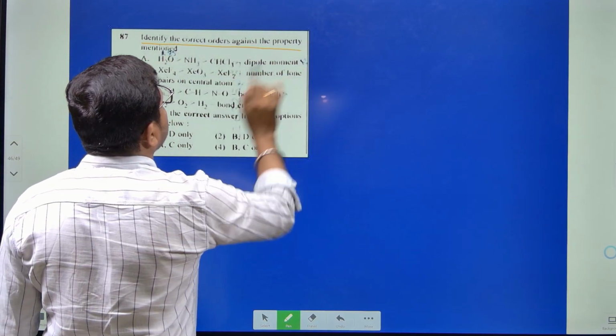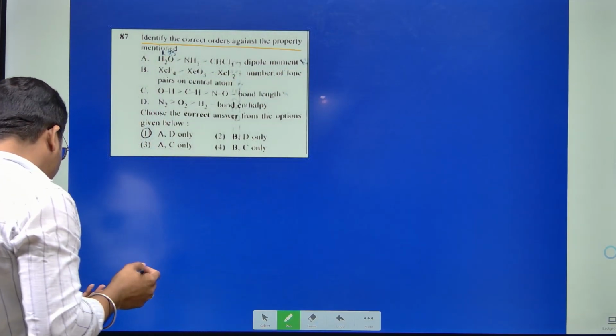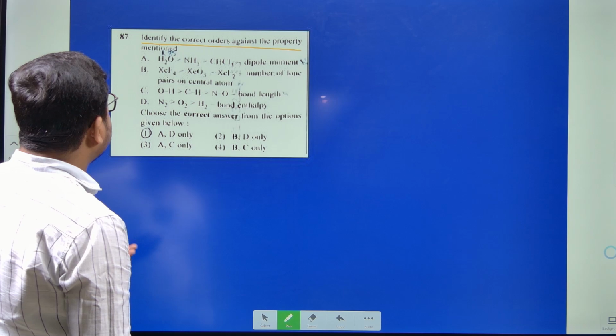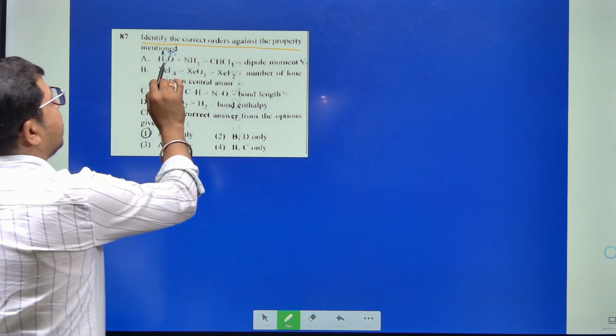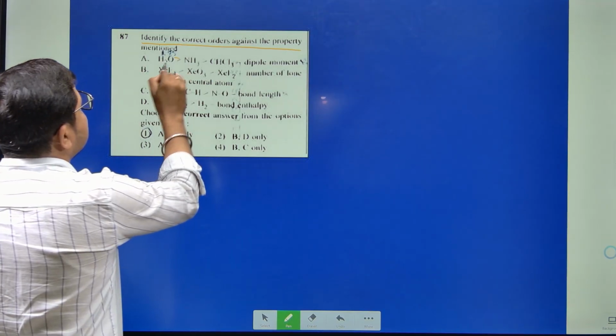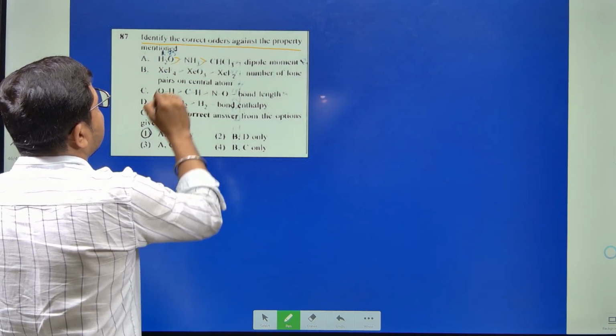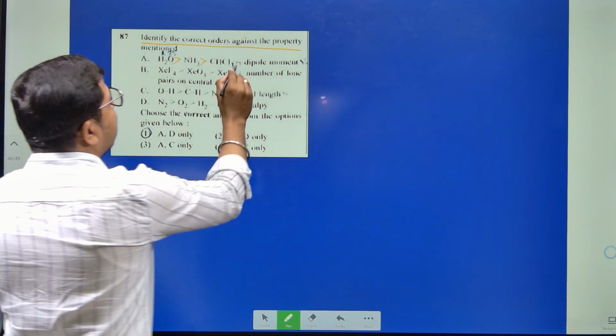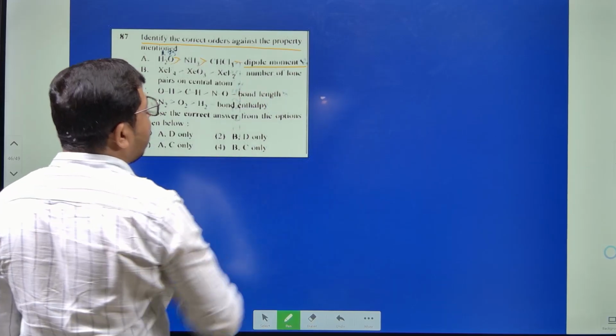Next, identify the correct orders against the property mentioned. Yes, here they have given H2O, NH3 and CHCl3. H2O is greater than NH3, which is greater than CHCl3. It is the order of dipole moment. Yes, absolutely.